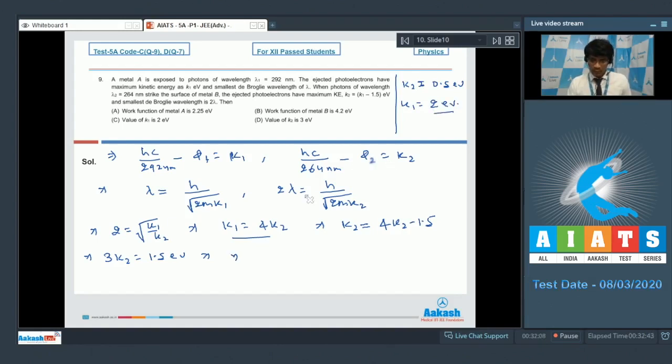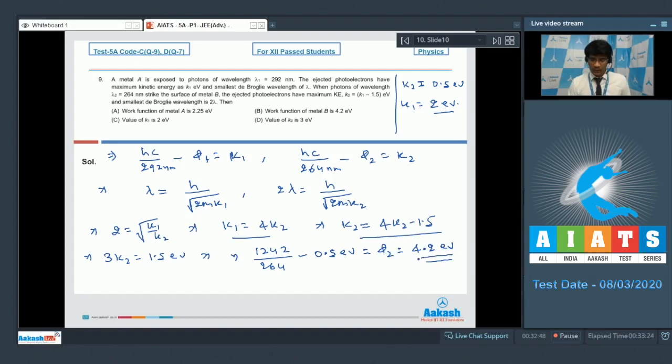Now in this calculation, HC divided by 264 nanometer, that means 1242 divided by 264 minus k2. k2 was how much? It was 0.5 electron volt. This will come out to be the value of phi 2, and this value is 4.2 electron volt.